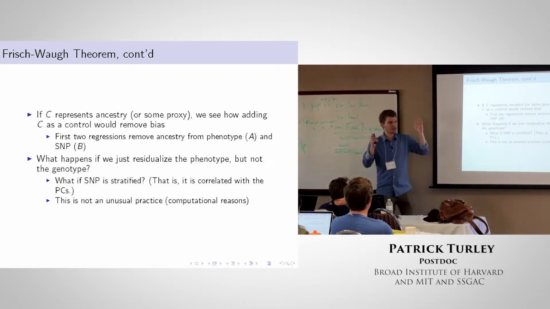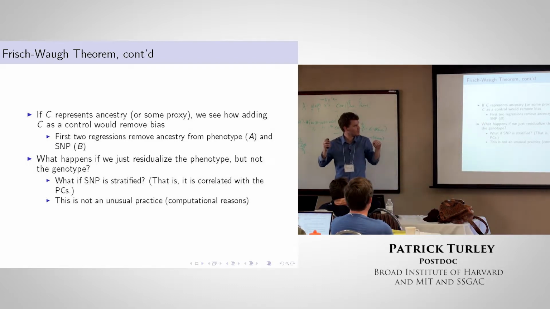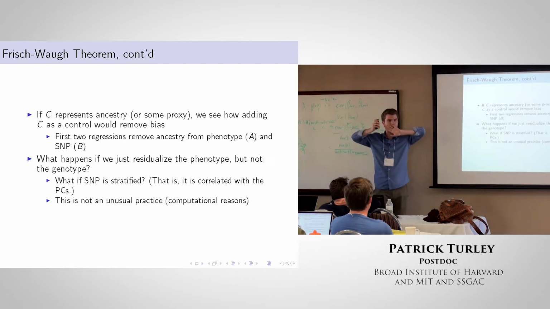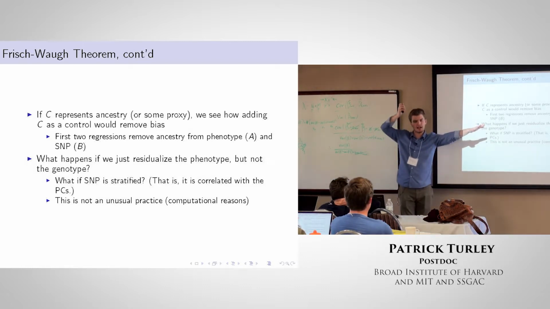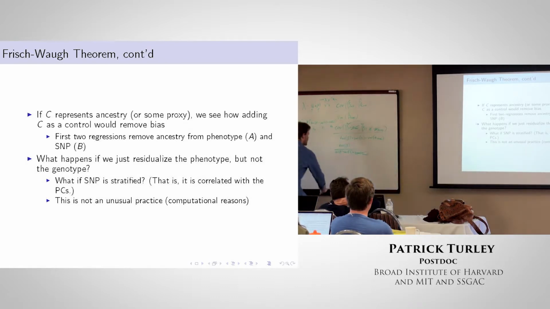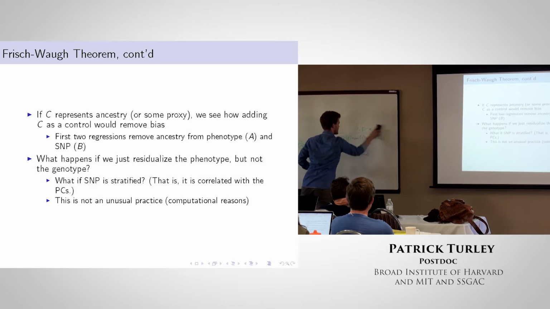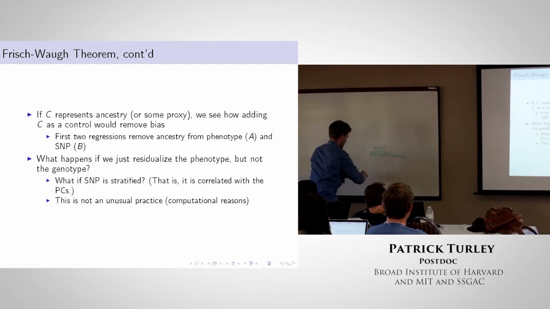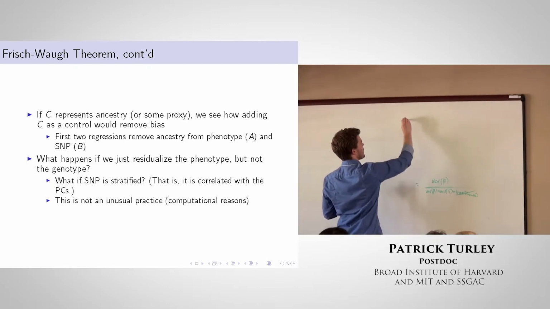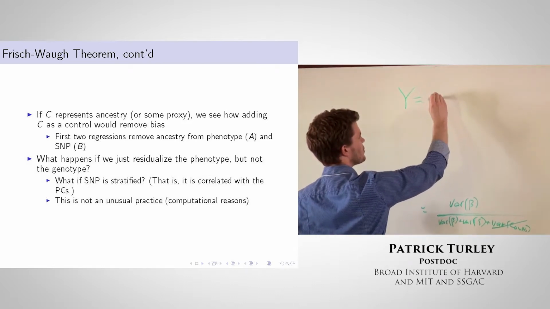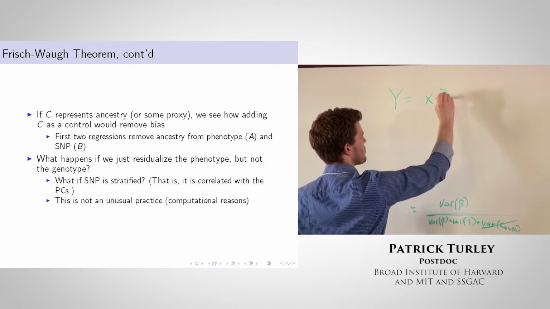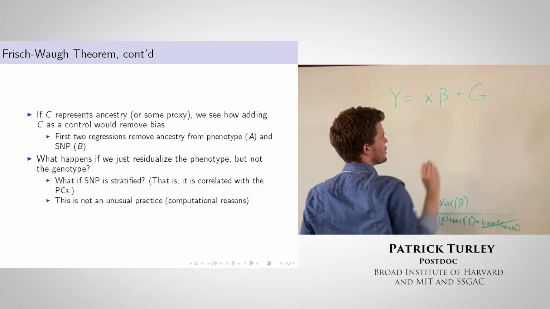First, when we regress the phenotype on our principal components and then take the residual, that's essentially removing the variation in the phenotype. Let's write this down on the board, because it'd be easier if you could see the equation as we're talking. Our model was Y equals x beta plus g.